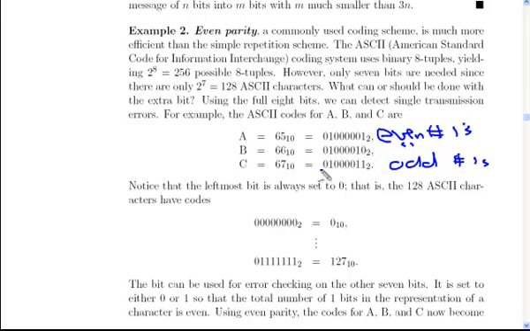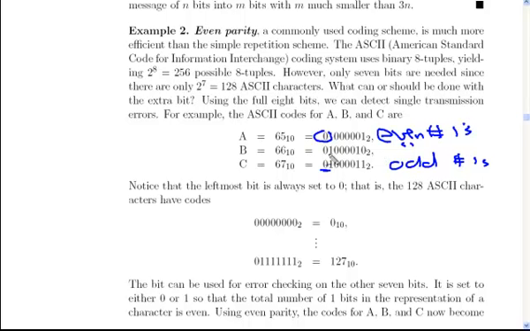So what you do is you use the leading digit to indicate whether the original character has an even number or an odd number of 1s in its binary representation. So when you transmit the 65, since 65 has an even number of 1s in its binary representation, you would transmit this bit as a 0.